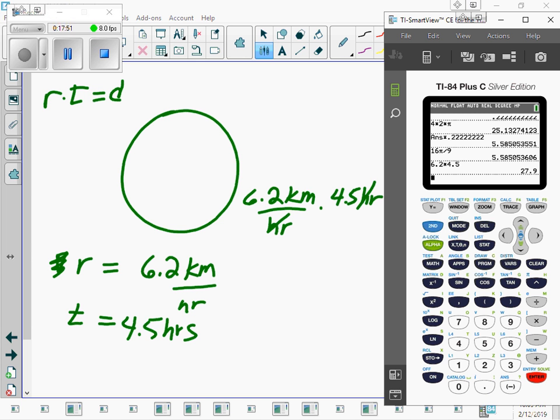Yeah, so r is the rate, v is the velocity, and they're kind of the same thing. Velocity also includes a direction. So we're just going to be using this formula here. And in this case, you just multiply them together.